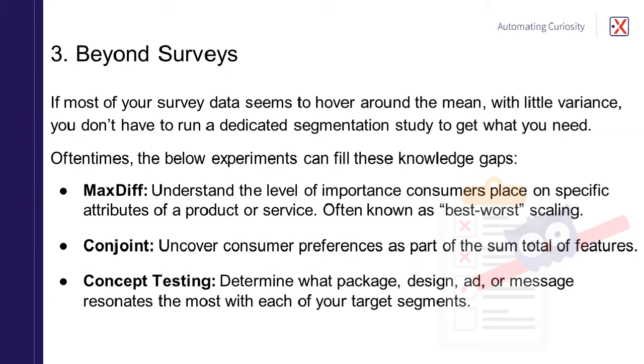So to go back to what I said early on, have a preemptive design. If you suspect that the type of questions you're asking are going to lean towards what we call social desirability, that people are going to just on average answer a certain way, then consider going beyond simple surveys and venture into experiments.